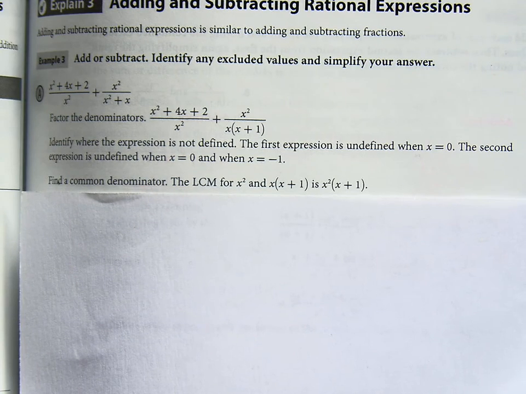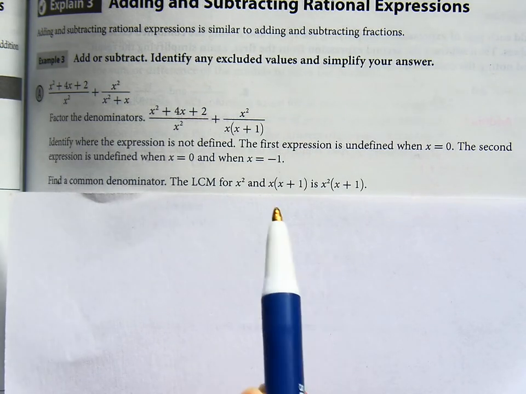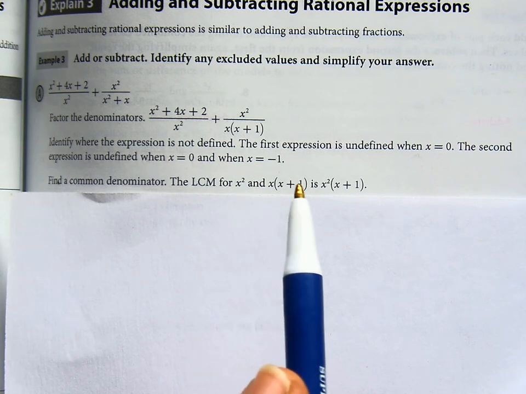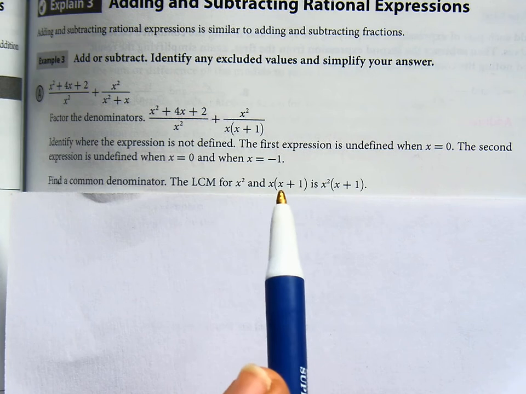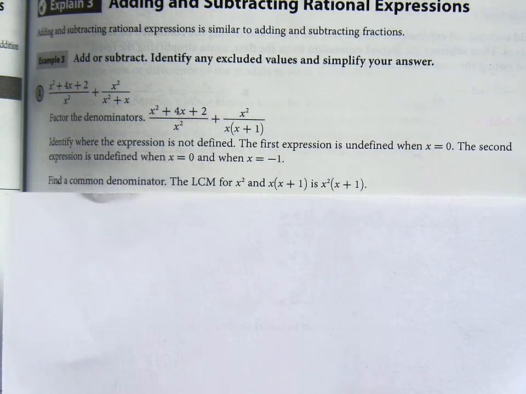So find a common denominator. First we do so by finding the lowest common multiple for those values. And we say, okay, we're going to take, again, the highest exponent, if there's more than one, and our other factor. So that gives us this value here.